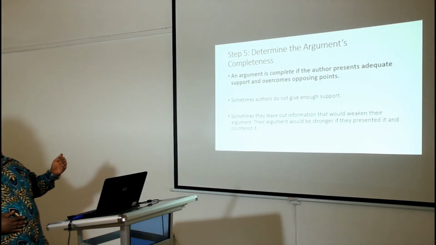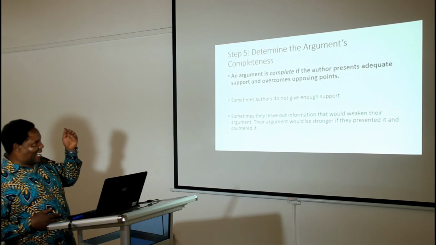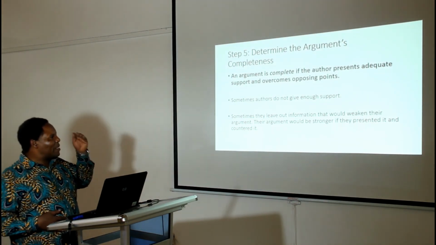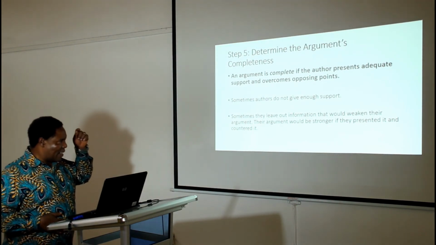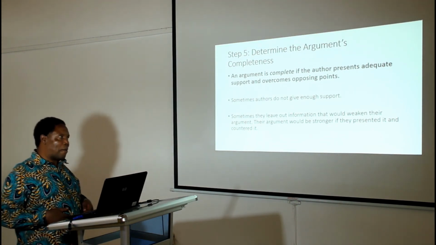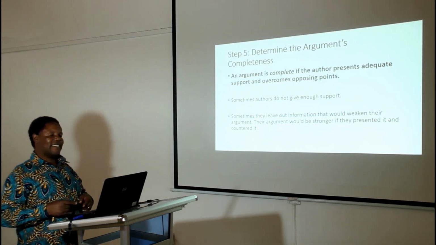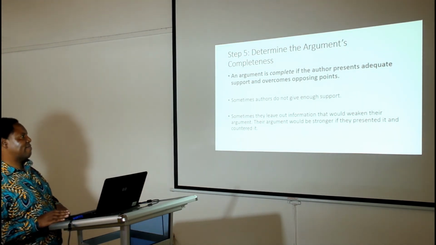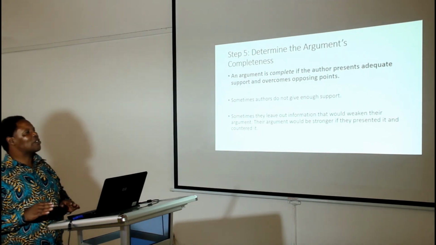So if an argument is presented as complete, but at the same time you realize that what the author has presented does not have enough support, and does not overcome opposing points, then the idea of completeness is not existing.